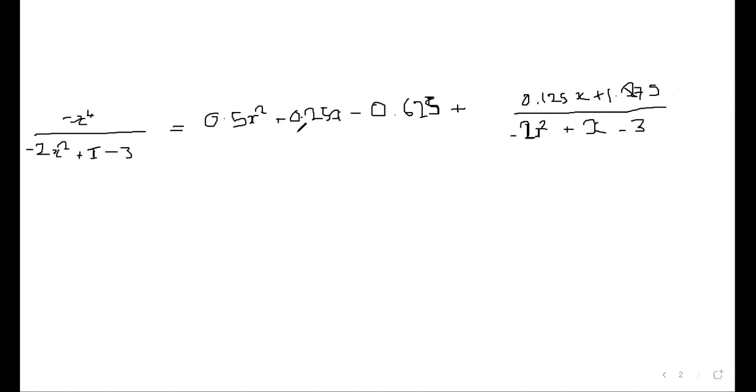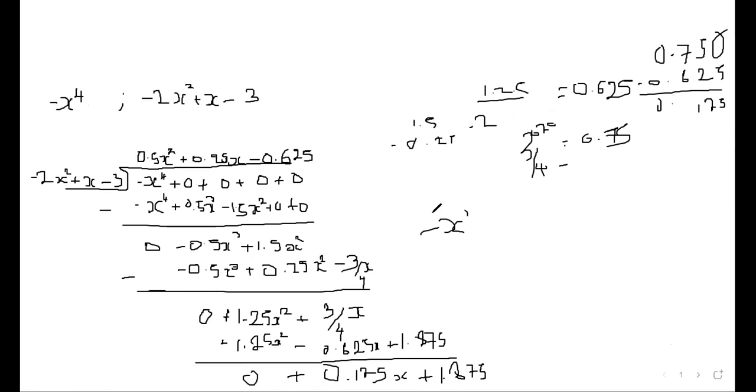So this would be our expression after dividing this by that. And then using long division, this would be the process here. Whatever we've done here is the process. So this covers our example for using long division in dividing polynomials.